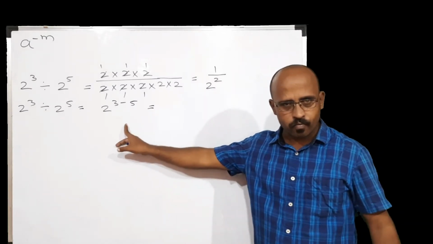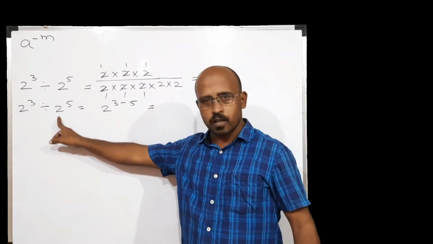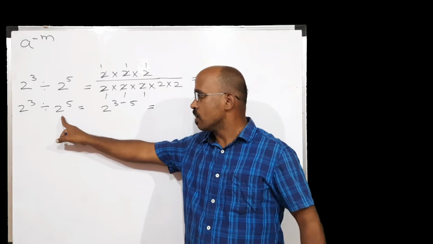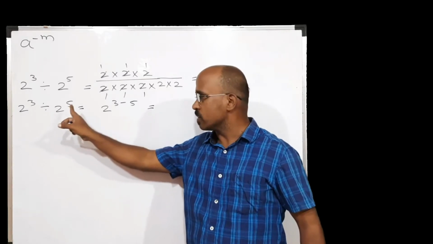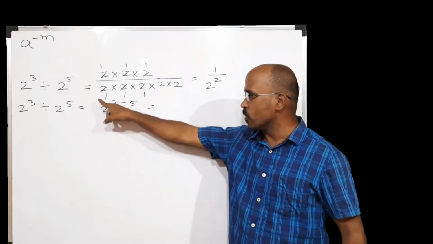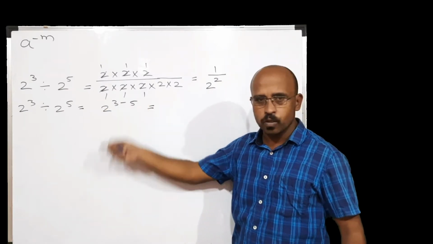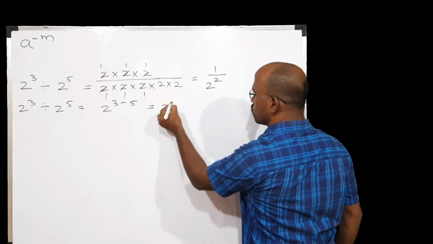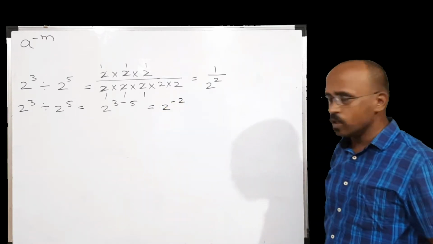Am I clear? Whenever we are dividing indices with the same base, we subtract the second index from the first index. So 2 raised to 3 divided by 2 raised to 5 is equal to 2 raised to 3 minus 5, which is equal to 2 raised to minus 2. Right?